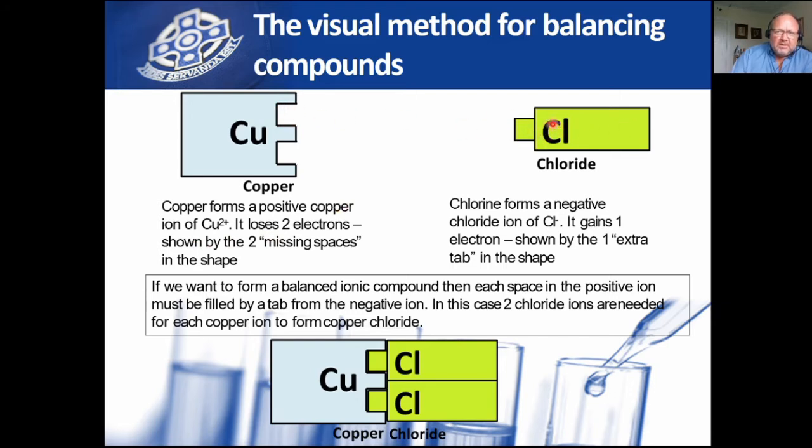So it means that 1 chlorine can bind on there, because chlorine is only 1 minus. Therefore we need 2 chlorines to come and take copper's 2 electrons. And that is why copper chloride ends up as CuCl2. Cu and 2 Cl's. Can you all see that?